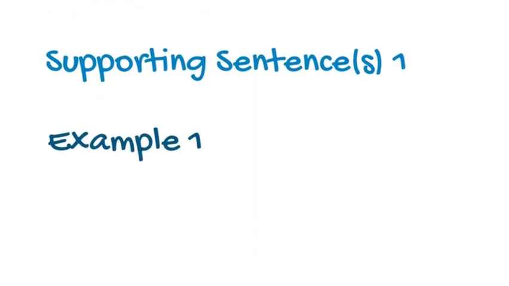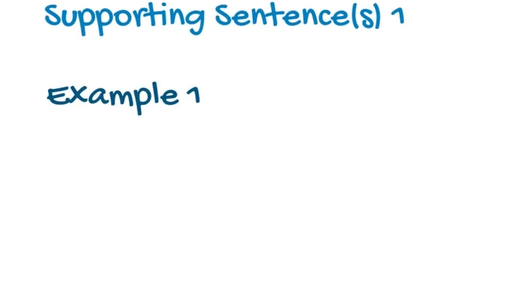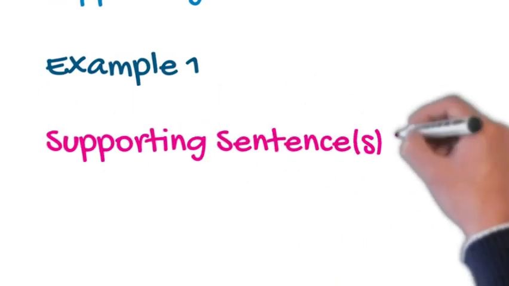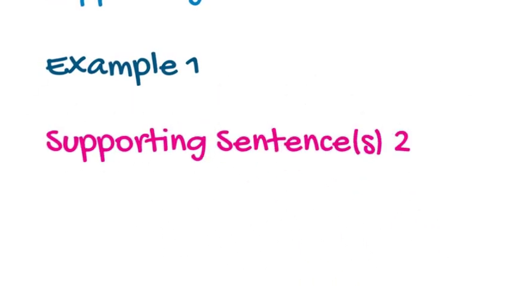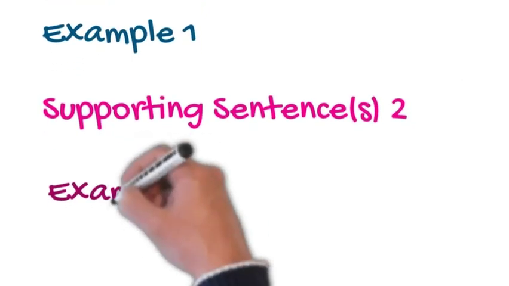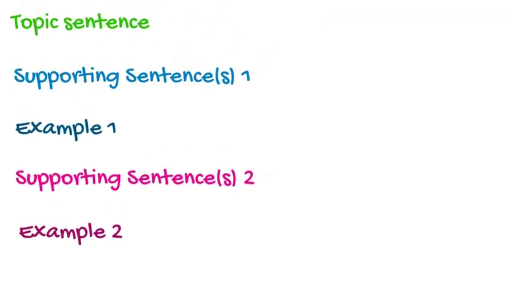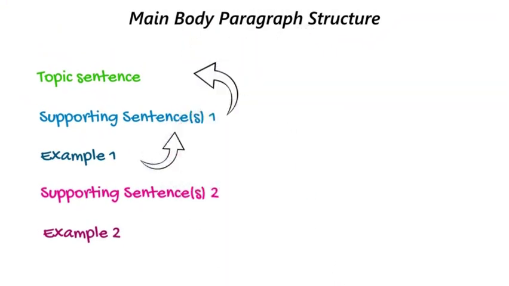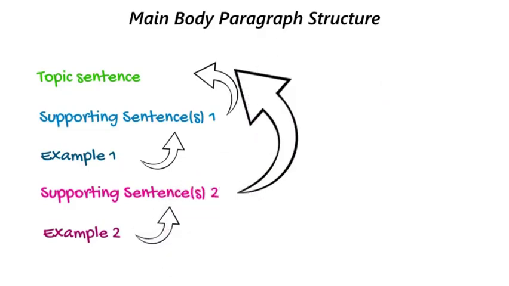There should then be an example to back up your supporting sentence. You then have another supporting sentence, which should again relate directly to the topic sentence. And by following this structure and using linking words, everything is connected, and therefore you should get a high score for coherence and cohesion.